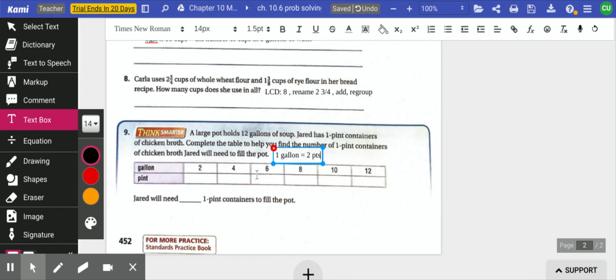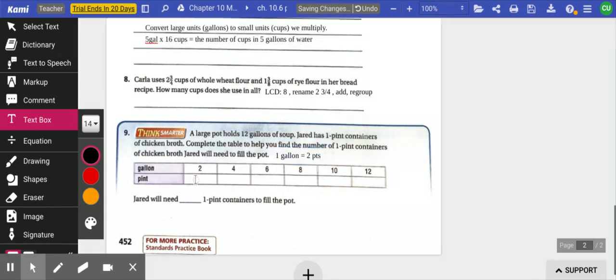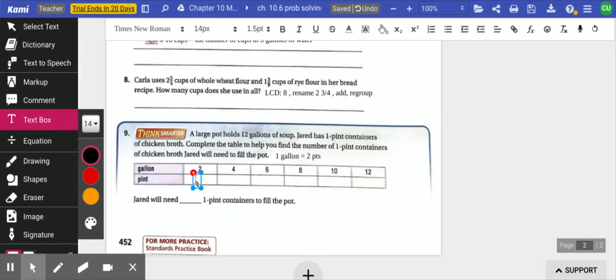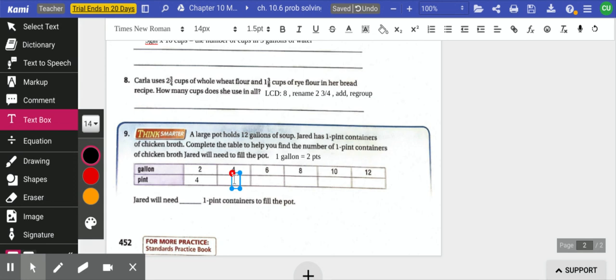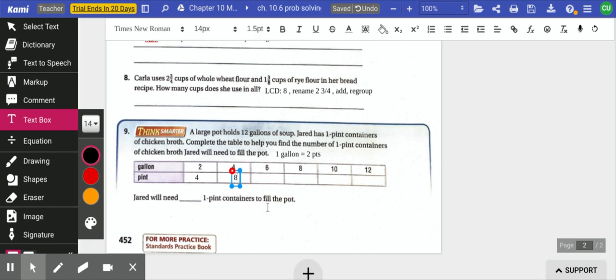So if I have 2 gallons, that means I have 4 pints. And our rule is that we are multiplying each number by 2. So if I have this is 8, and so on. So if I have 12, multiply that through, and that's how many 1 pint containers you'll need to fill the pot.